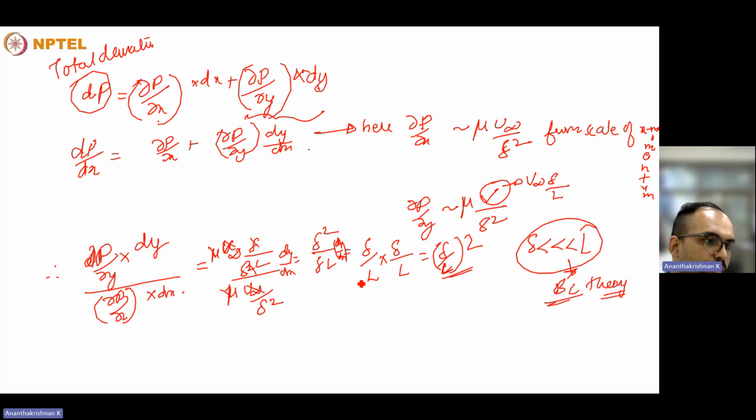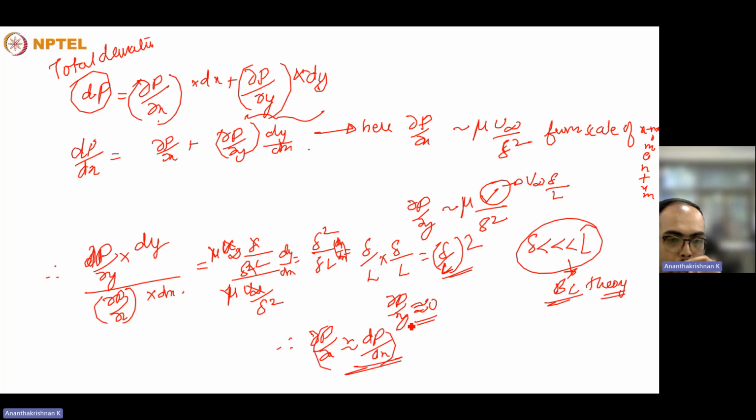That means ∂p/∂y can be approximated to be 0. Therefore, ∂p/∂x will be equal to dp/dx. So the pressure gradient can be represented in the form of the pressure gradient in the flow direction rather than the vertical direction. So the total pressure gradient will be along the flow direction.